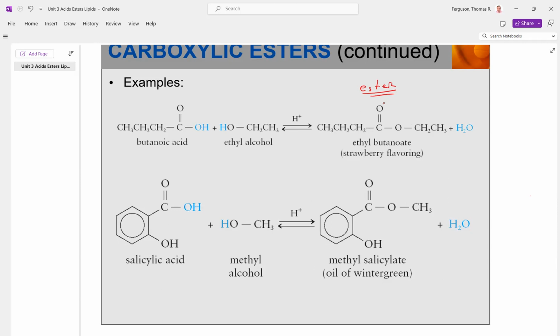When you mix them together, though, to make an ester, you end up making imitation strawberry flavoring. And it's such a contrast. When you take butyric acid and add a methyl alcohol, like methanol, you end up making wintergreen. And it's so dramatic, the difference between the two. It's really a cool lab.